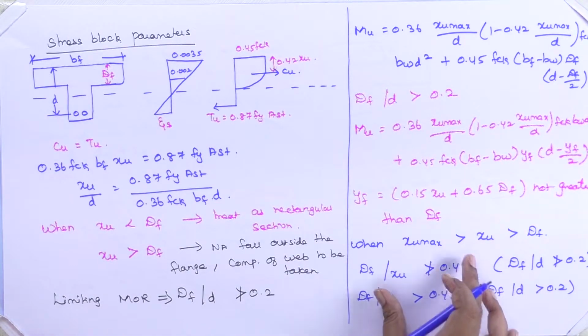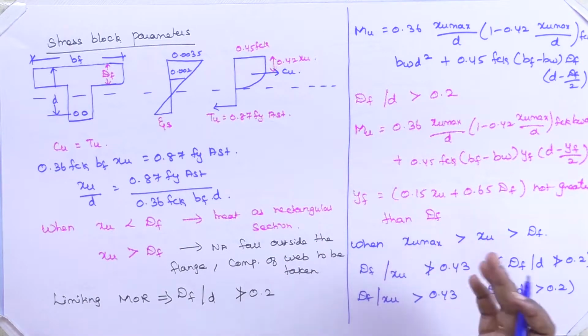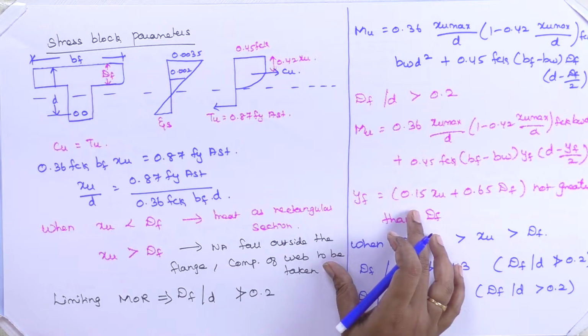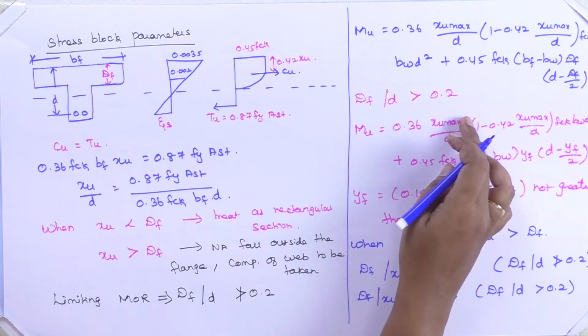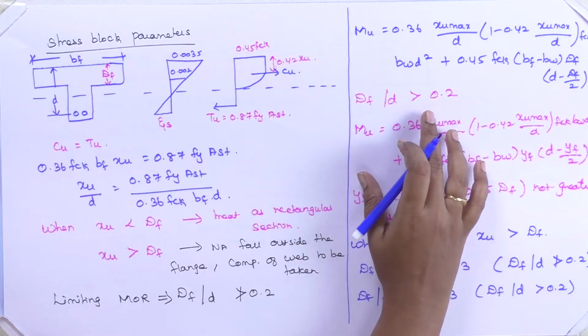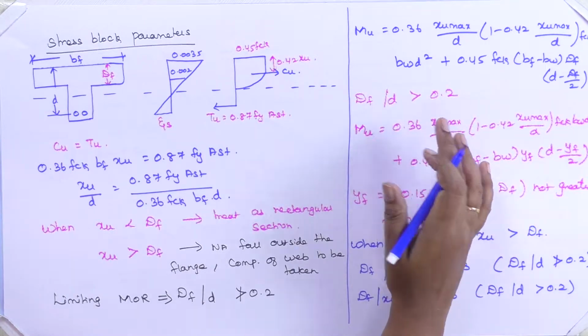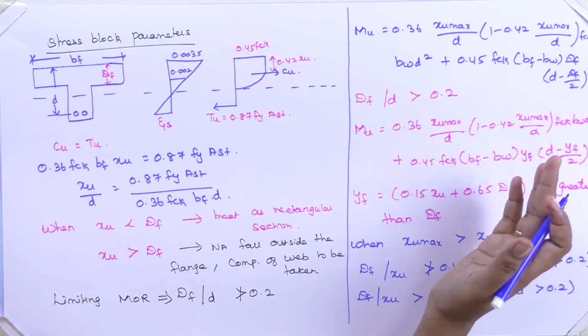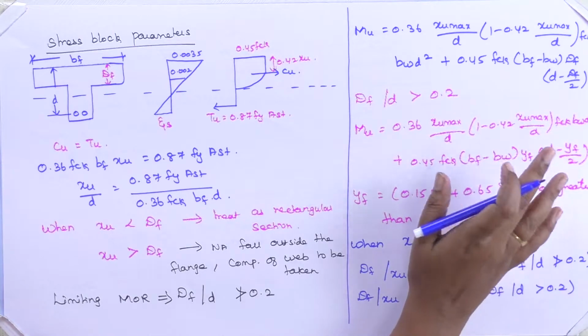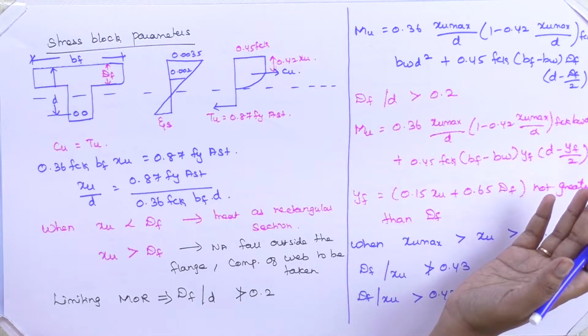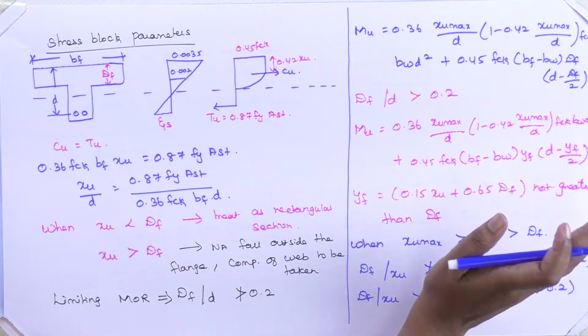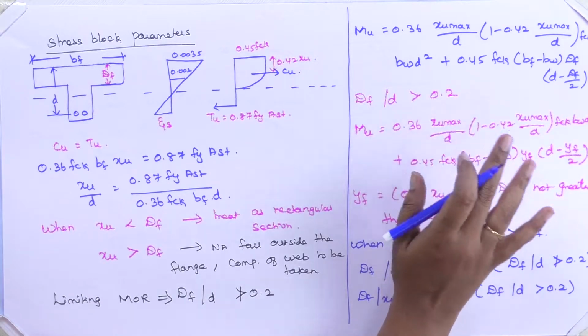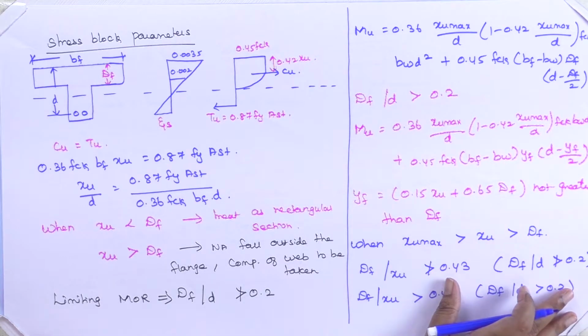Or else, if everything is going beyond the XU max, you need to check the XU value against the XU max value. When it exceeds both, you can write it as an over-reinforced section, or you need to redesign the section as a doubly reinforced section also. If not, it will be a singly reinforced section.